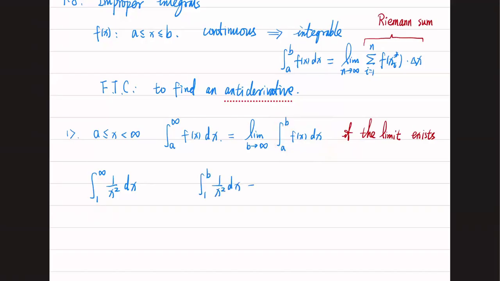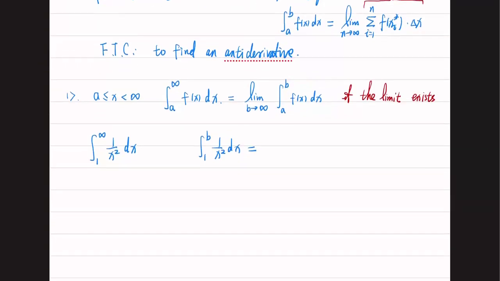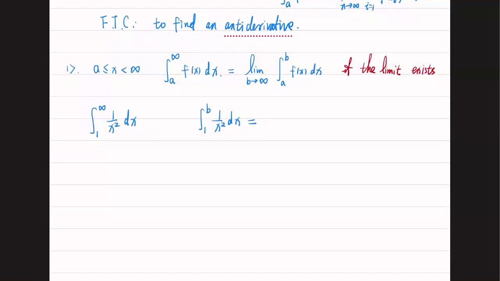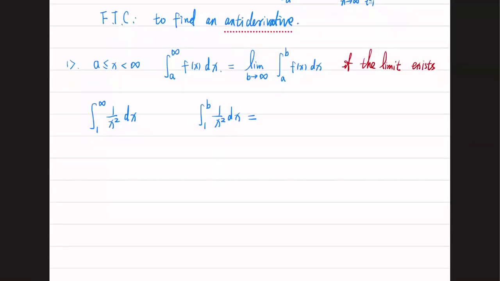So what's this? 1 over x squared. How do we integrate it? Again, 1 over x squared. Which formula? If it's x logarithm of x squared, it's a different formula.